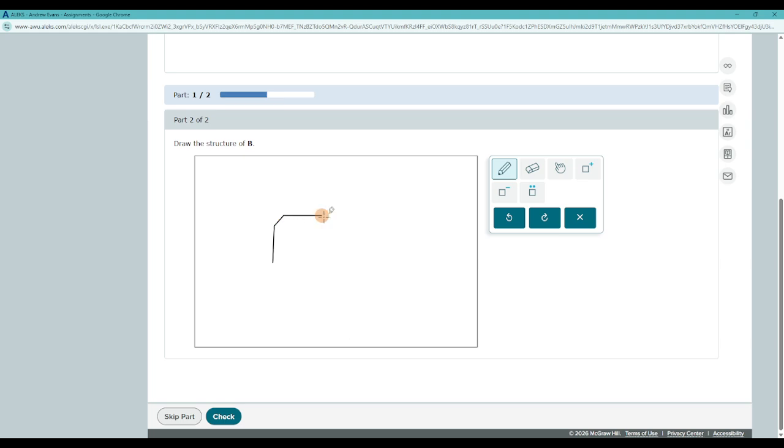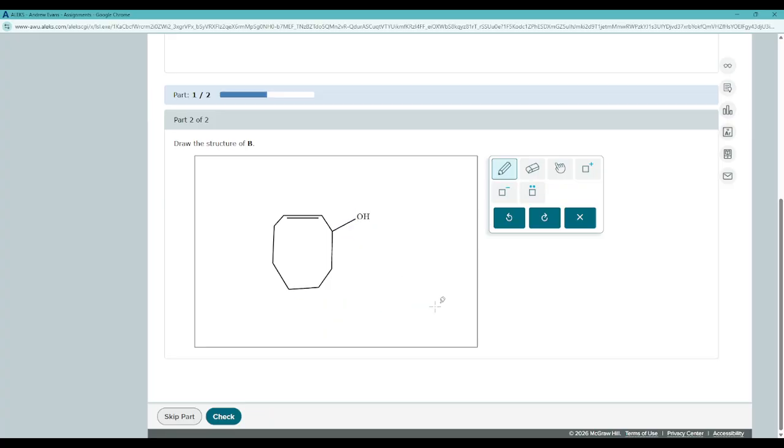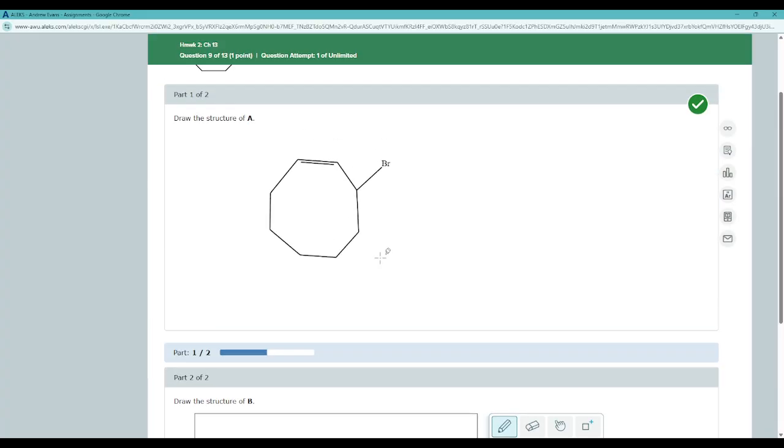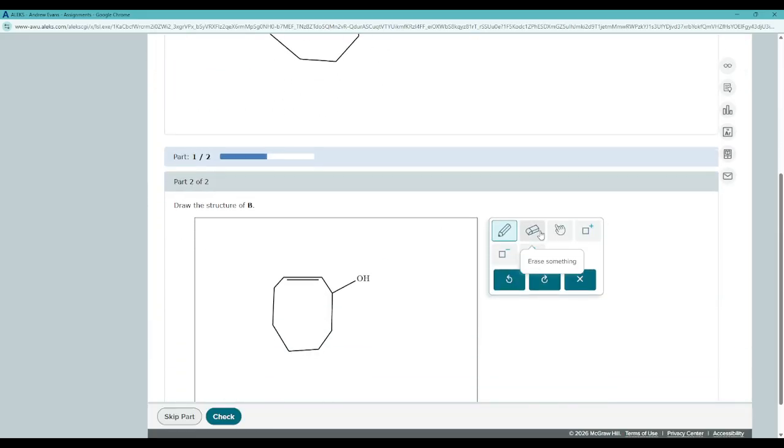It's either going to do an alcohol there, or with the base and heat, I think instead there's a good chance you will eliminate.